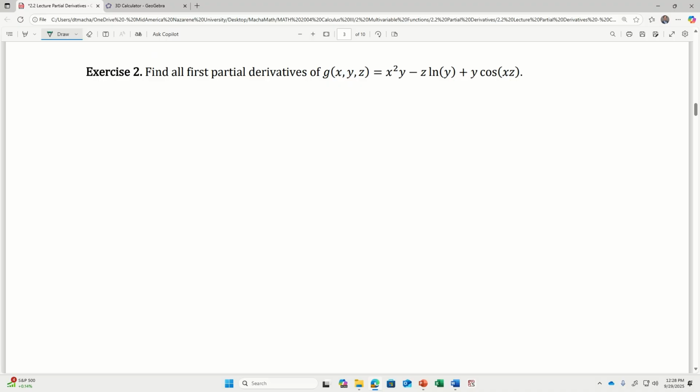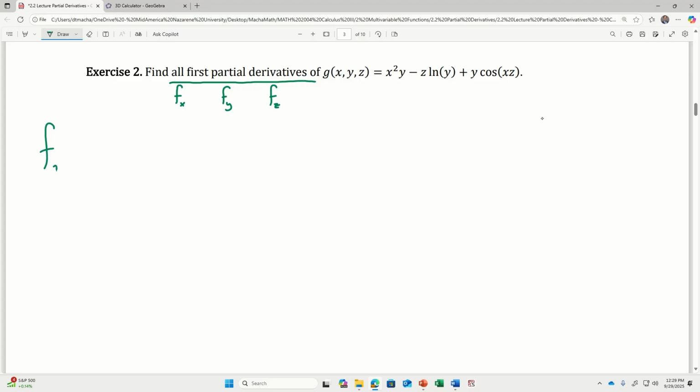Find all first partial derivatives of g, where g is the function x squared times y minus z times natural log of y plus y times cosine of x times z. So all first partial derivatives means take the derivative with respect to x, take the derivative with respect to y, and take the derivative with respect to z.